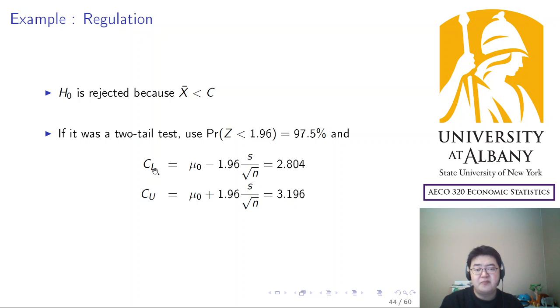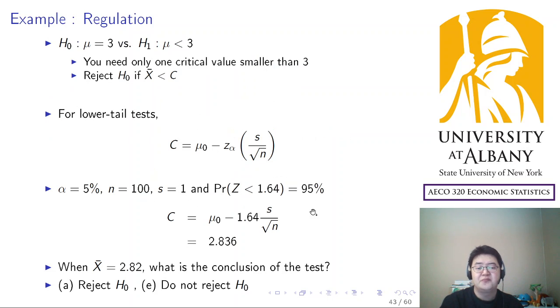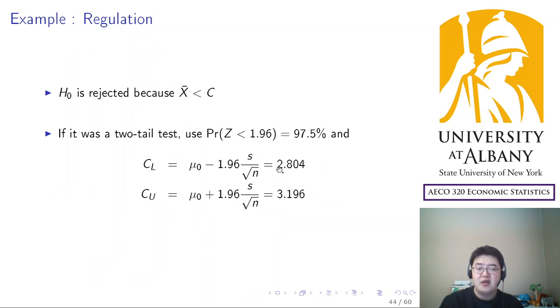And second, compare lower critical value. So the two-tail critical value was 2.804, but one tail is 2.836. The margin of error is smaller here and larger here. So the intuition is the same.